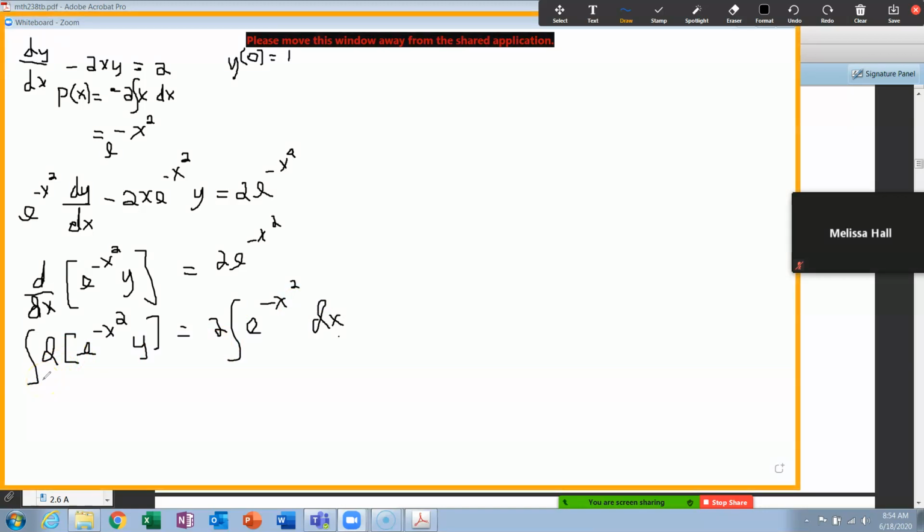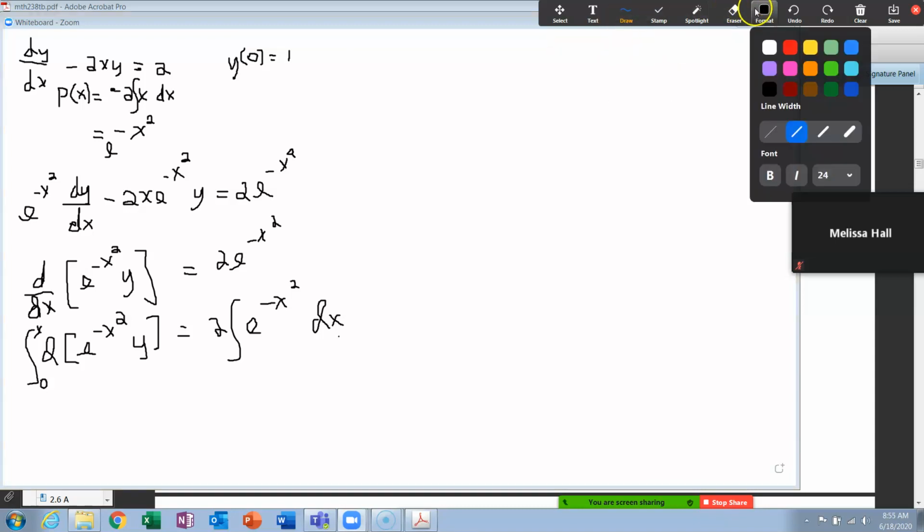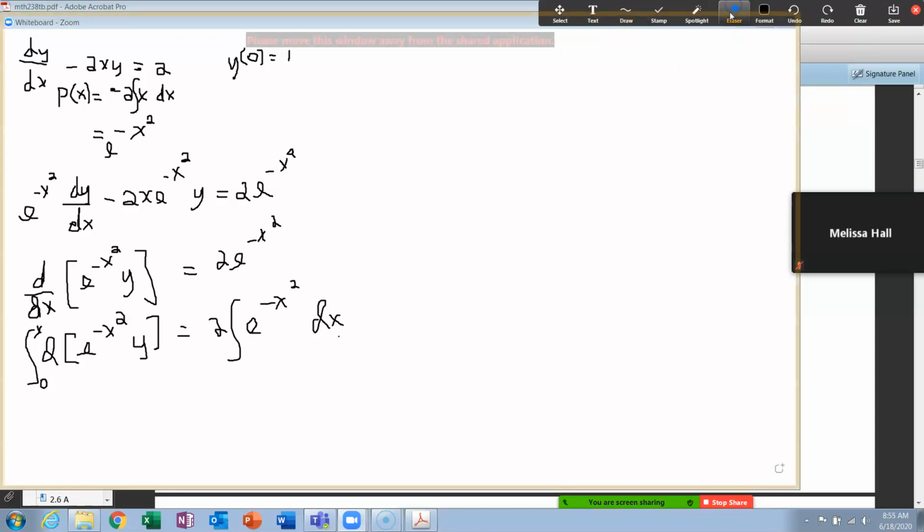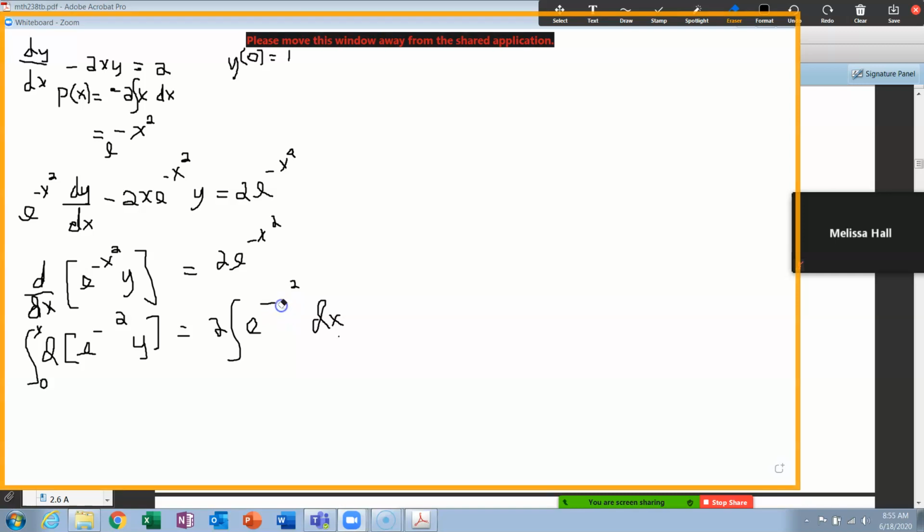And they put a limit of 0 on the bottom and x on the top. Now, as soon as they do that, you can't put an x in here. So this has to become a t. Okay. So this becomes a t. And knowing that, this also is going to become a t, and that's going to become a t.